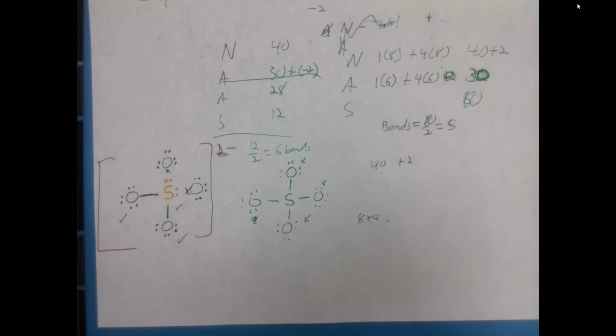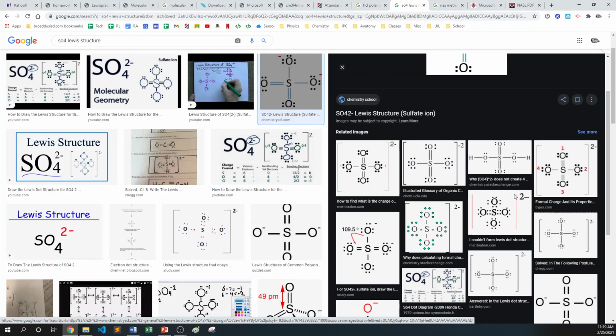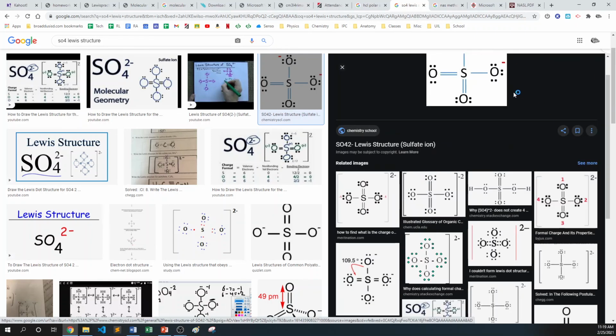It's not the number. But this has 10 electrons around it. That doesn't complete the octet rule. I'll have to look at that. I'll get back to y'all on that.